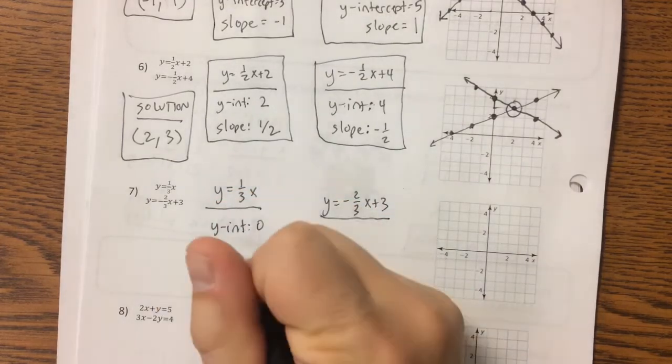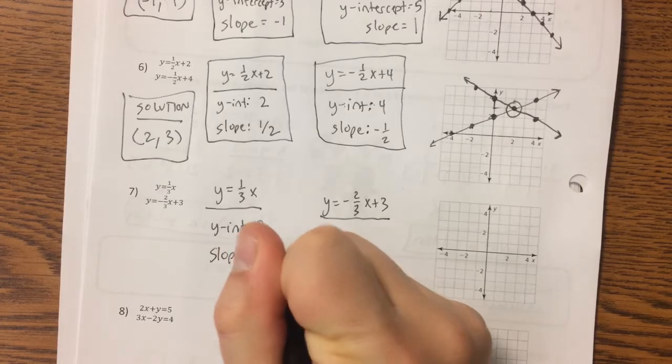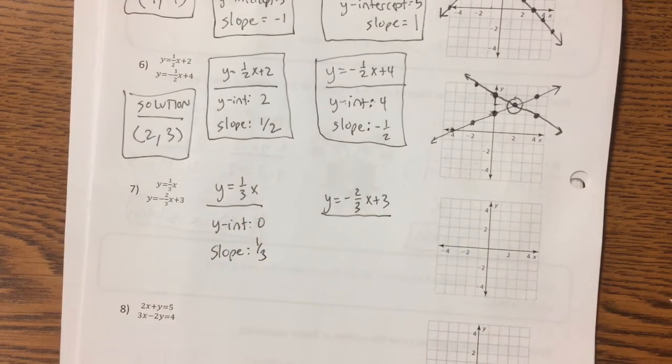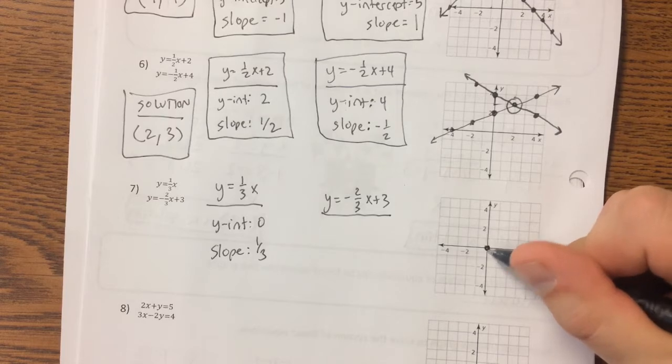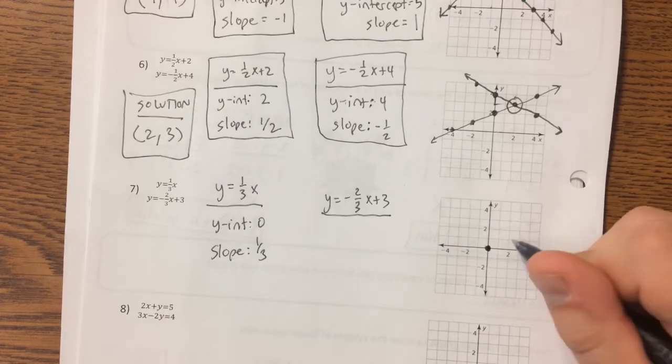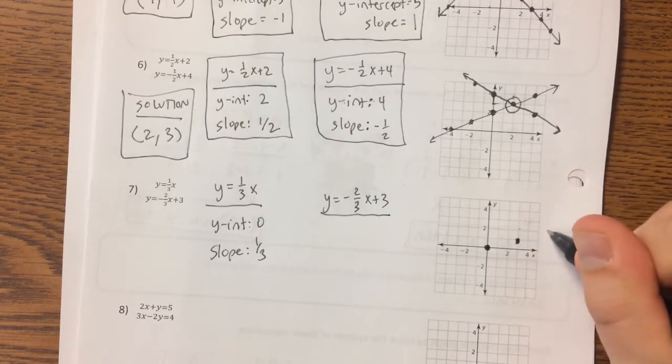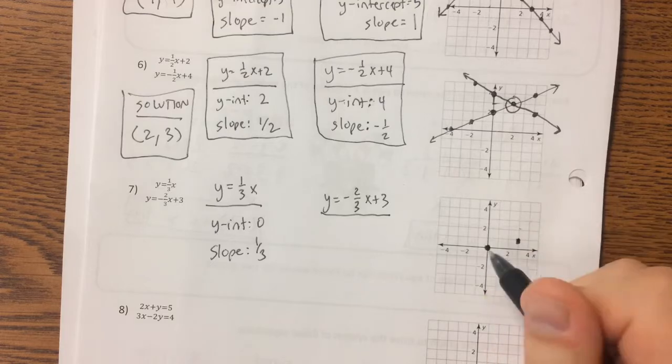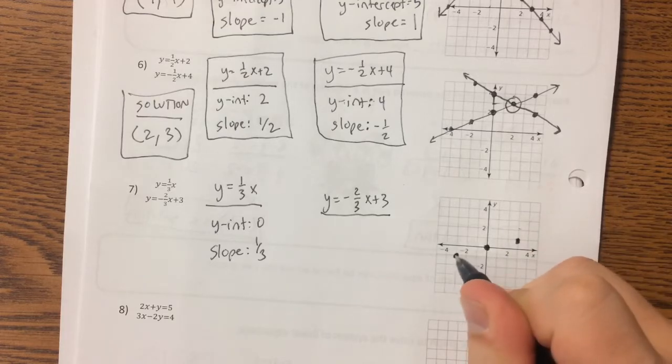So the y-intercept is 0, the slope is 1/3. So I'm going to start at the origin where the y-intercept is 0. My slope is 1 over 3, so I'm going to go up 1 to the right 3. And it looks like I'm going to fall off the grid over here, so let's take it backwards.